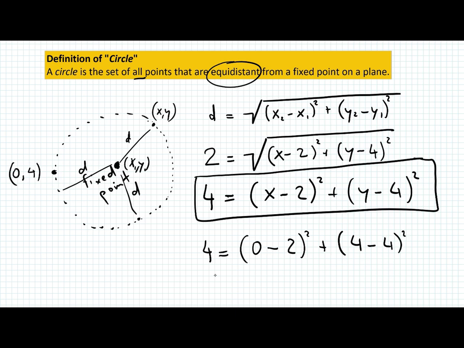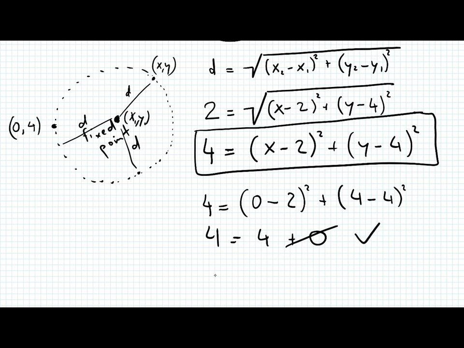That becomes 4 plus 0, so it actually is true. So that's one of the points. Notice that not all points on the plane will satisfy the condition, only specific points that are defined as the set of all points of that particular circle.